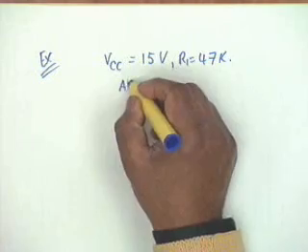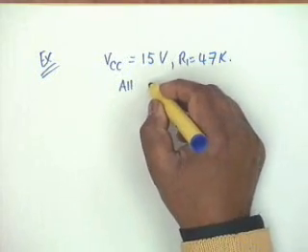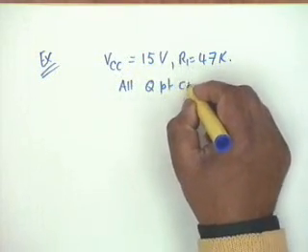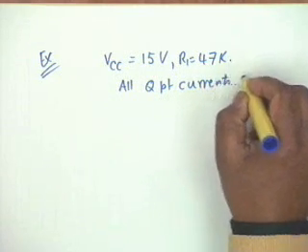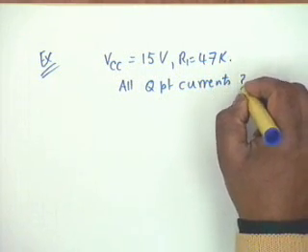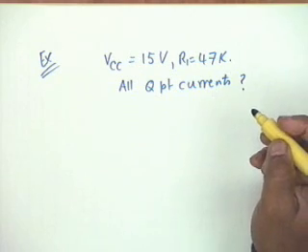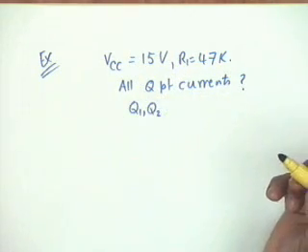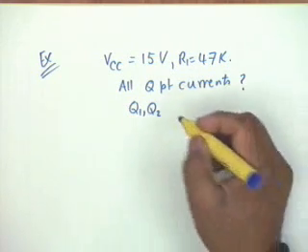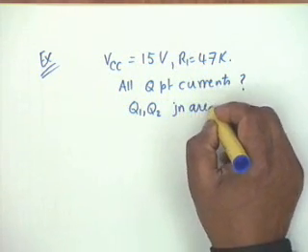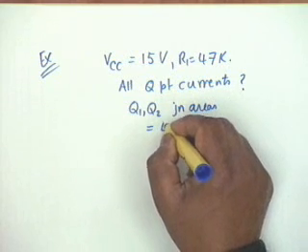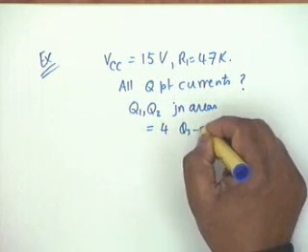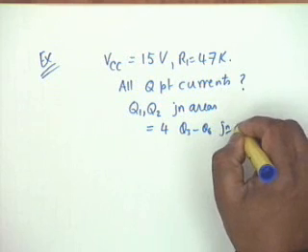The question is to compute all quiescent currents, all Q point currents are needed, and it is given that Q1 and Q2 junction areas are 4 times the Q3 to Q6 junction areas.